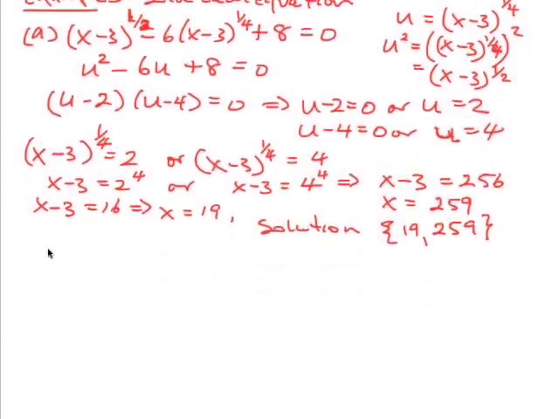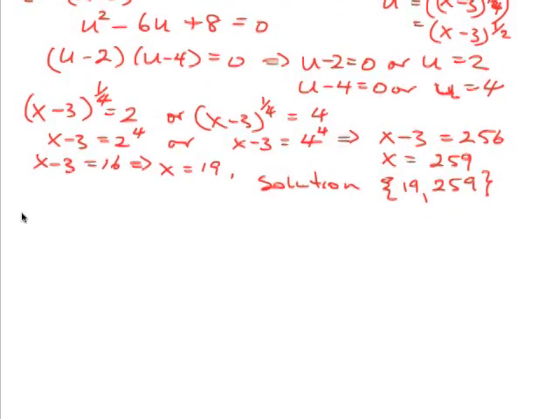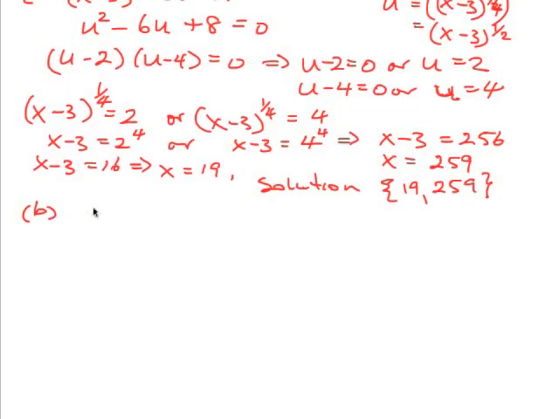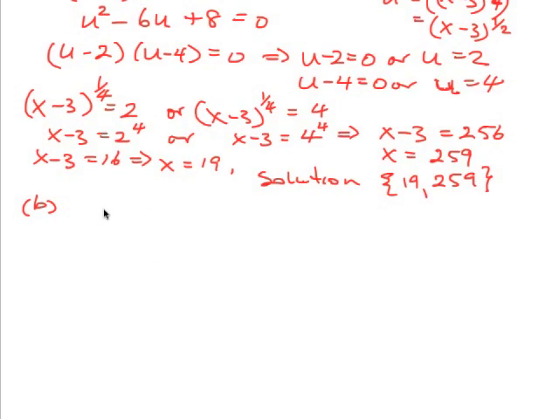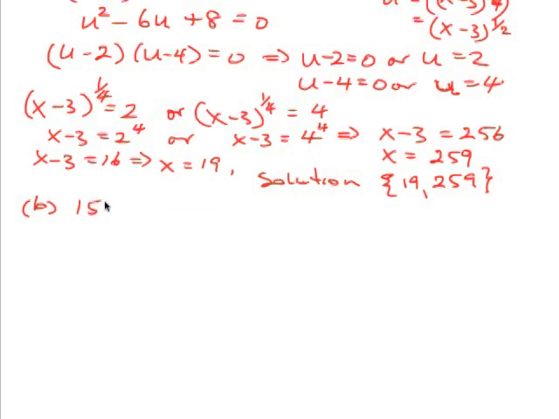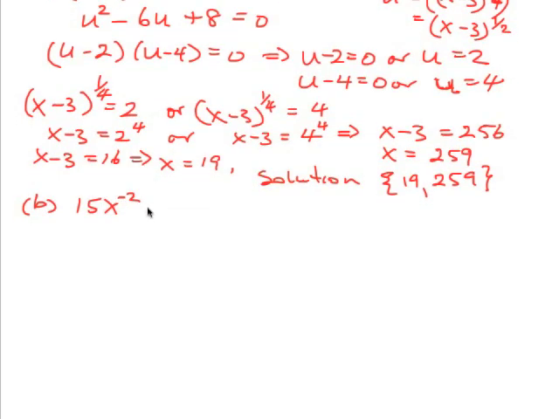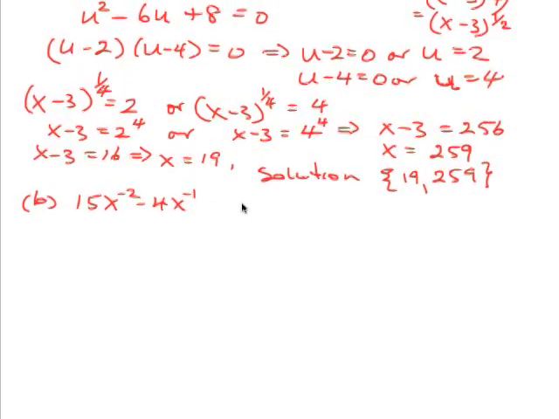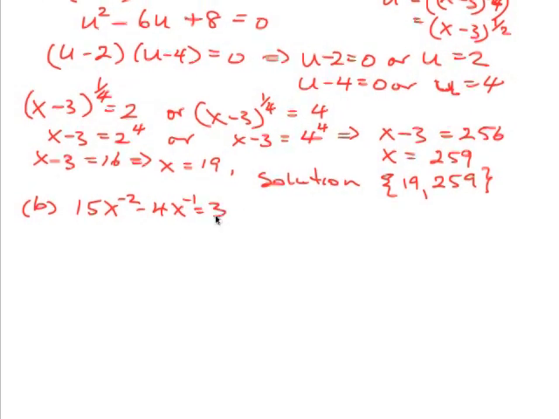Alright, another type could be like this. So let's suppose we have 15x to the negative 2 minus 4x to the negative 1 is equal to 3.